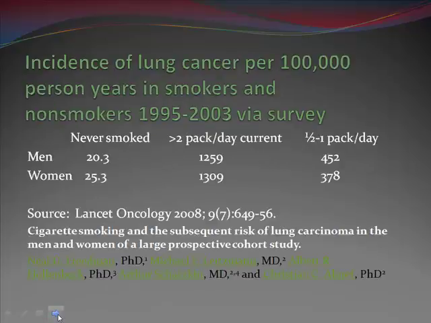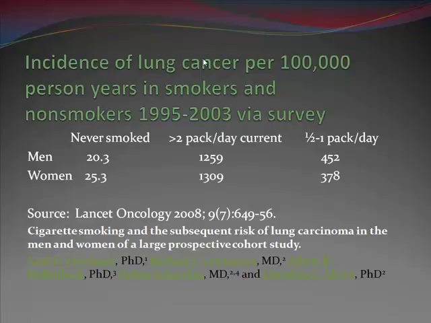The incidence of lung cancer per 100,000 person years in smokers and non-smokers in a 1995 to 2003 survey. Men who never smoked had an incidence rate of lung cancer, average incidence, 20.3 per 100,000 person years, compared to men who smoked more than 2 packs a day as reported on the day of the survey.